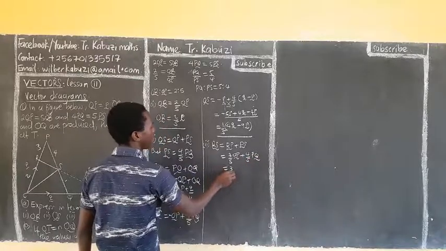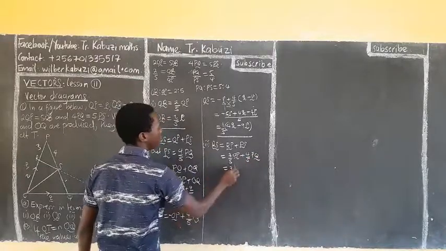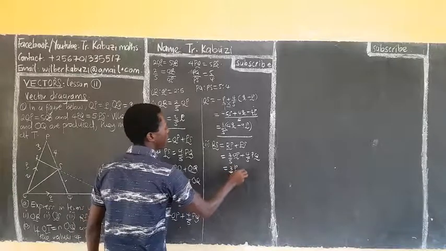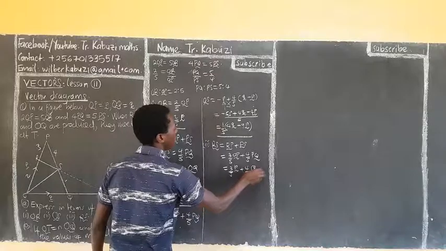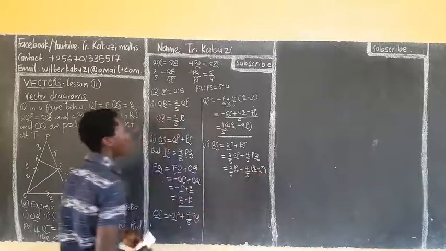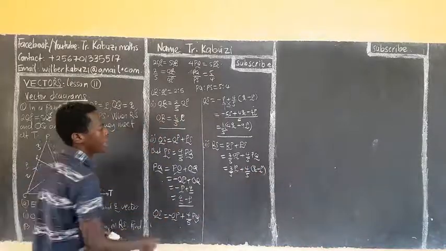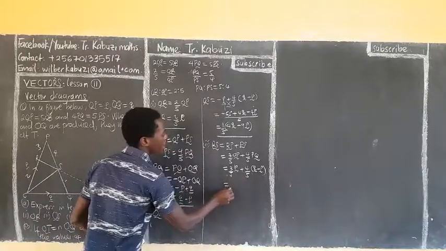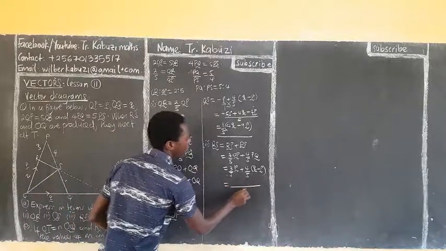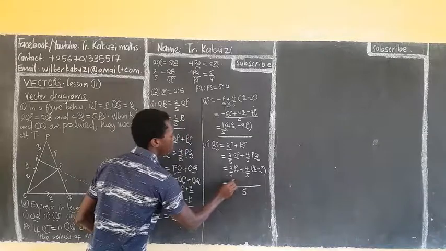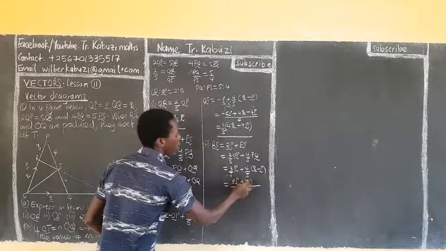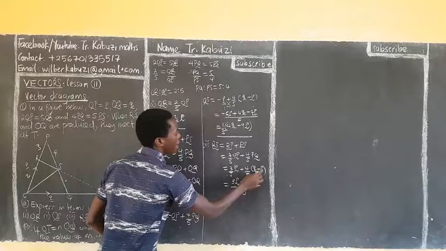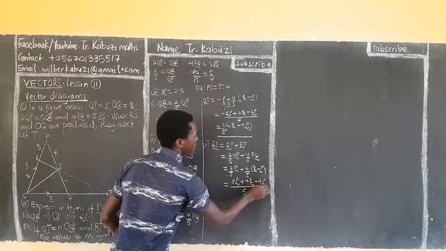Okay, this will be 3 over 5 P because of this small p, then plus 4 over 5 PQ, which is Q minus P from here. Okay, now the LCM is the same, we just add. This will be 5, then this will be 3P plus, now we open brackets for Q, then minus 4P.